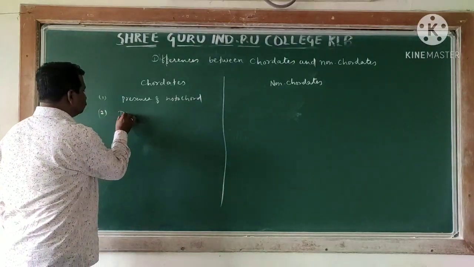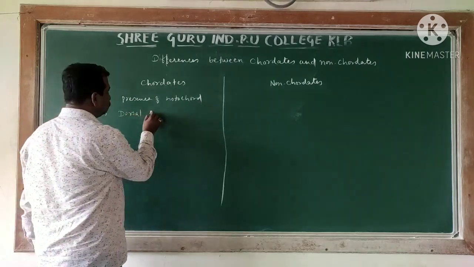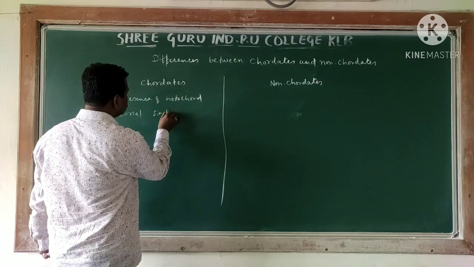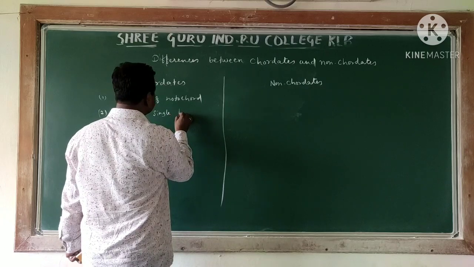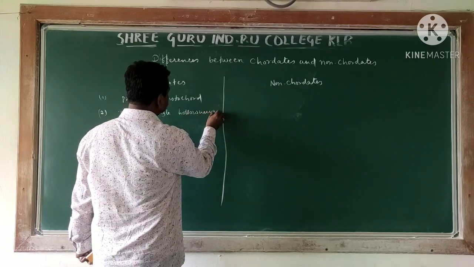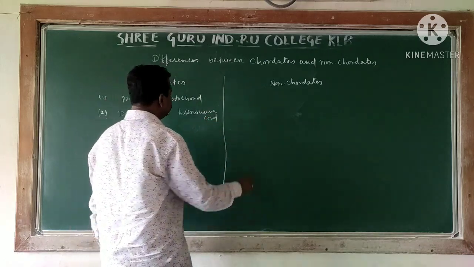Next, dorsal, single nerve cord, and this is hollow nerve cord.